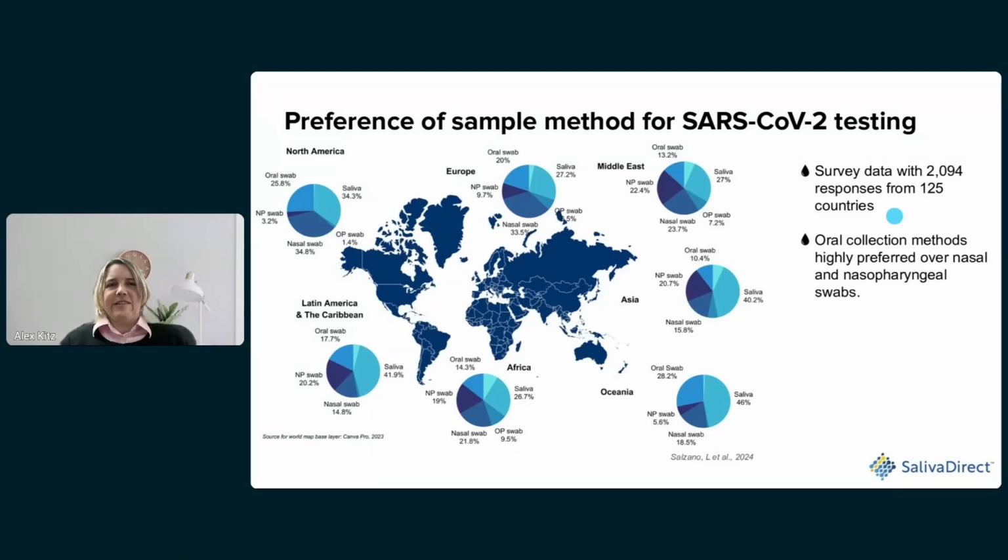If we focus on North America on the top left here, we have oral swabs, nasopharyngeal swabs, nasal swabs, oropharyngeal swabs, which is throat swabs, and saliva as the options. The majority of people seem to prefer oral collection methods, and that's across the globe. And specifically, oral collection methods over the NP swab, which is the most uncomfortable.